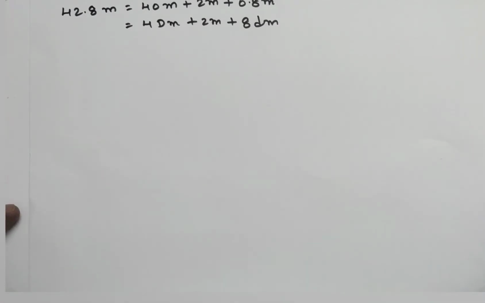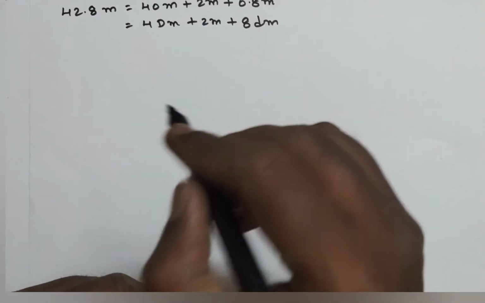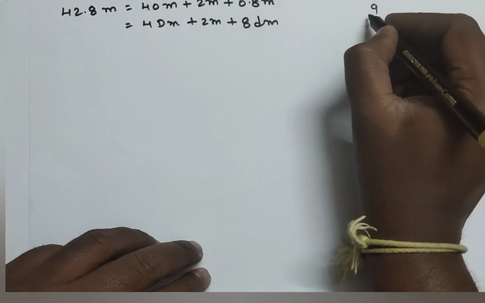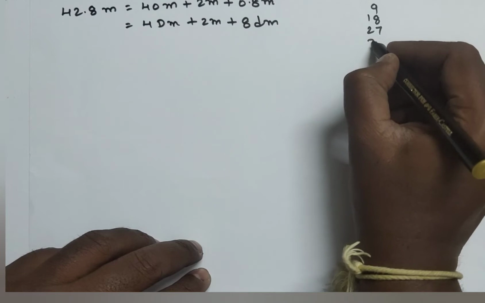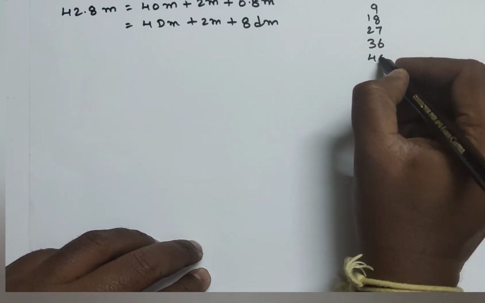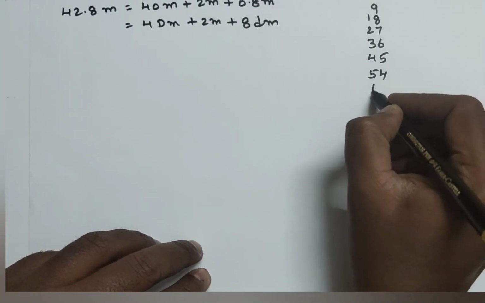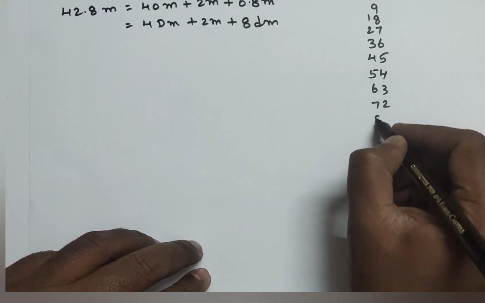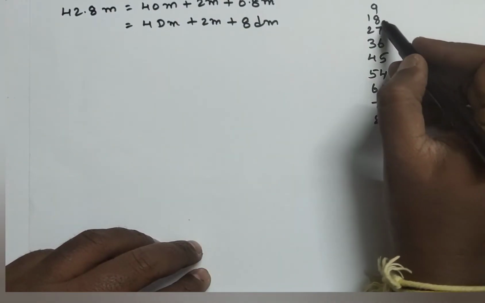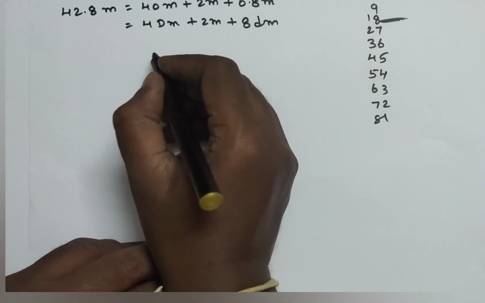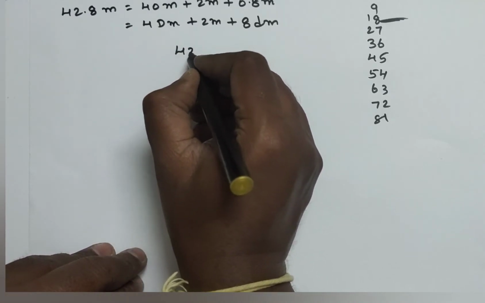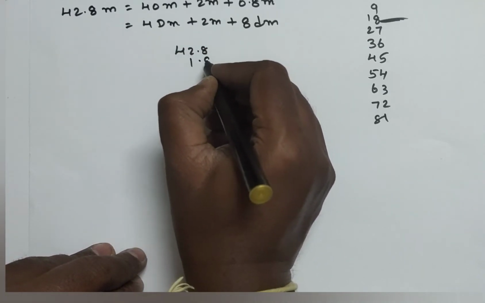Then how do we have to do it? In the ninth table, where the last digit is 8: 9, 18, 27, 36, 45, 54, 63, 72, 81. So here 8 is present. Therefore, what do I have to do? For 42.8, we have to subtract 1.8.